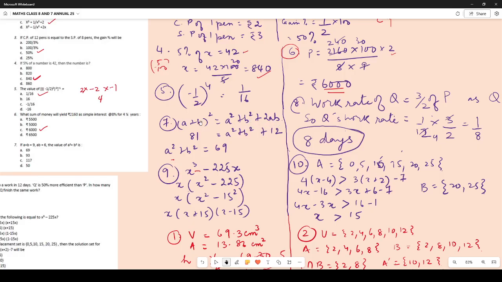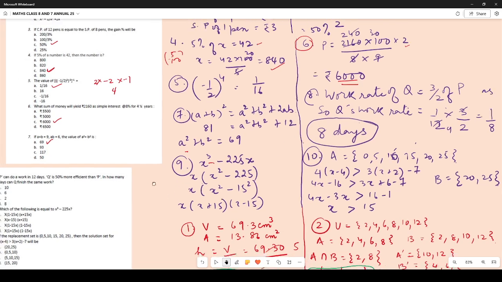Now we know a plus b is 9, so 9 square is 81. ab is 6, so 2ab is 12. So 81 is equal to a square plus b square plus 12. You take 12 to this side and you get the value of a square plus b square, which is equal to 69, right?